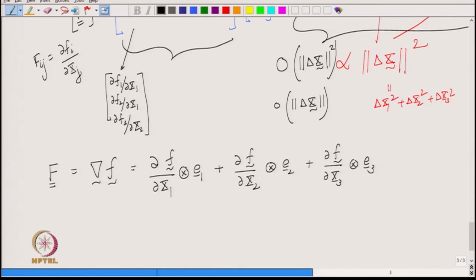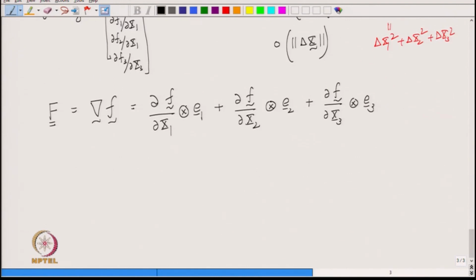So, gradient of anything, this is the formula. You know, I guess you are familiar with gradient of a scalar quantity which gives us a vector. So, if you do that here, say gradient of a function f, but that is just a scalar, therefore, there is no tilde below f, gradient of f.